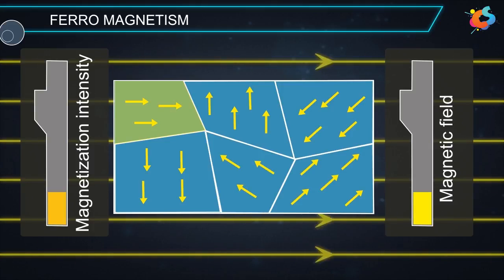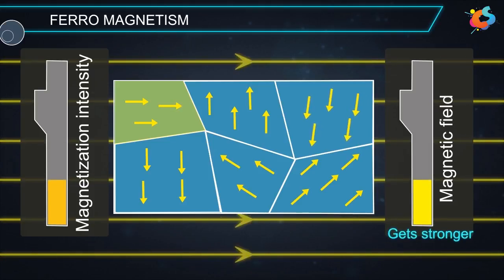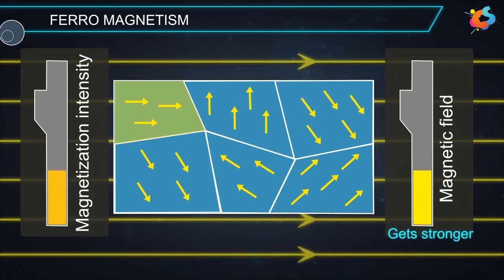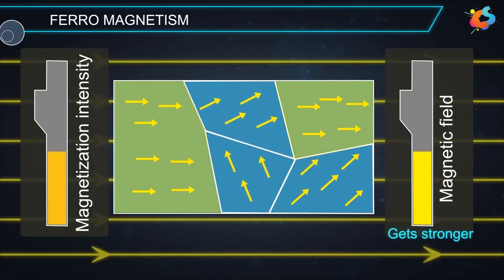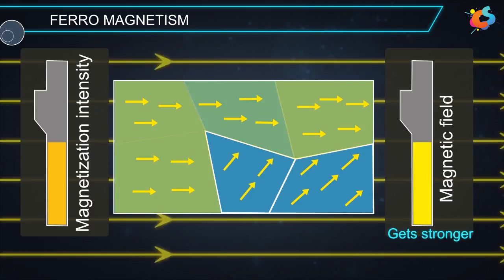Currently, since the external magnetic field is weak, only one domain has aligned with the external magnetic field. As the field gets stronger and stronger, more and more domains start aligning with the external magnetic field. The magnetization intensity goes on increasing.